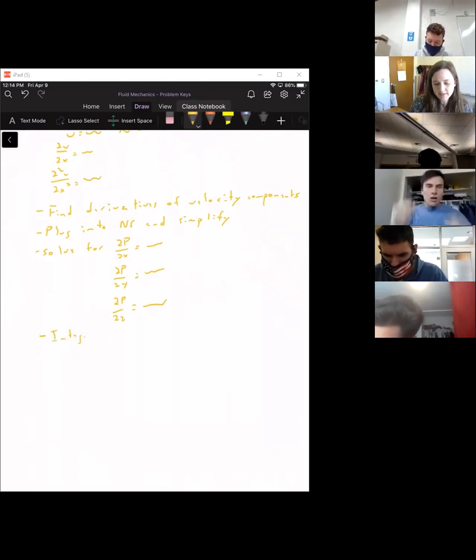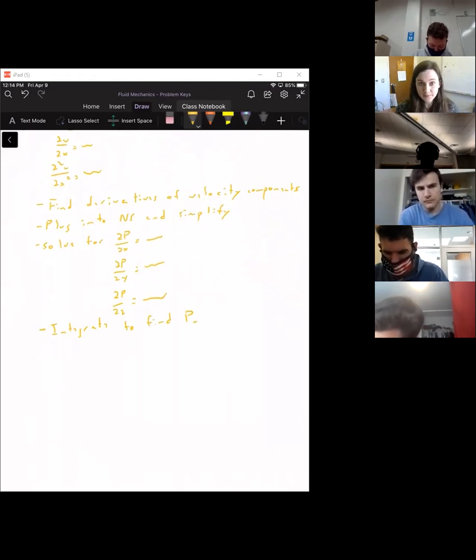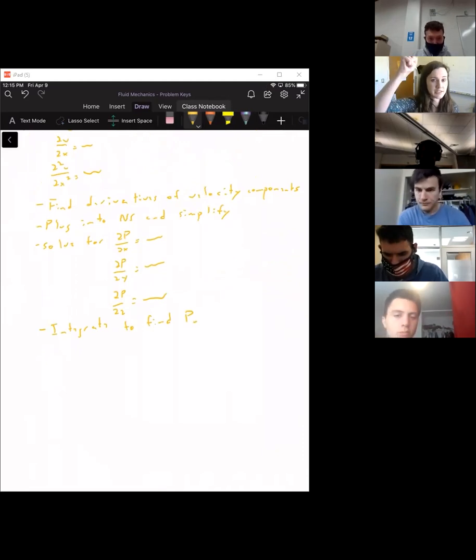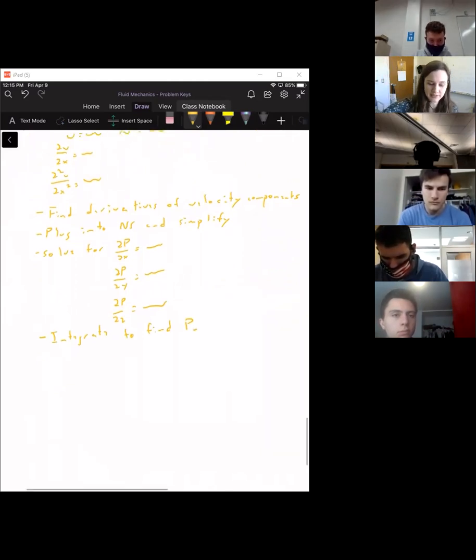Integrate to find pressure. So that was the first kind of problem you did on your homework. You did two of these. You did one Cartesian and one cylindrical. Now, I set up the homework on purpose because I wanted you to have practice, because practice is really the only way to do these.